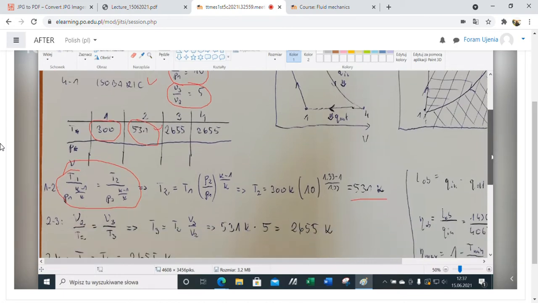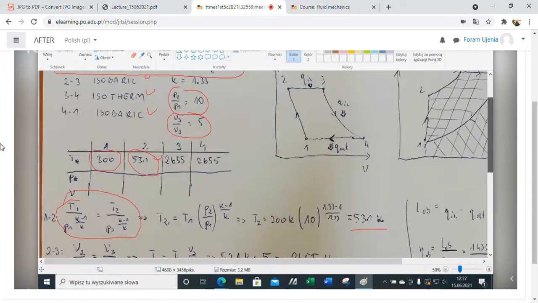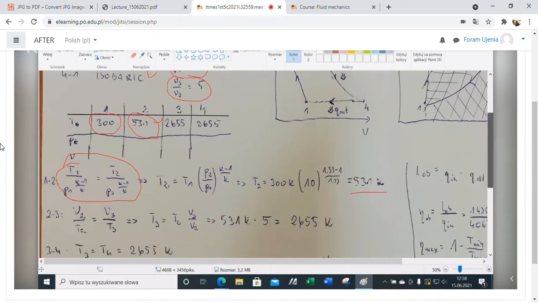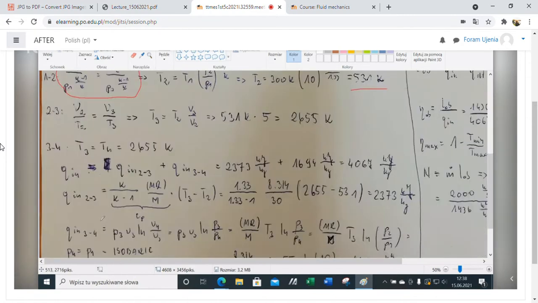Then, between 2 and 3, we have isobaric transformation. Yes? So, we know that V2 to T2 is the same as V3 to T3. Okay? And we can calculate the temperature at nodal point 3.